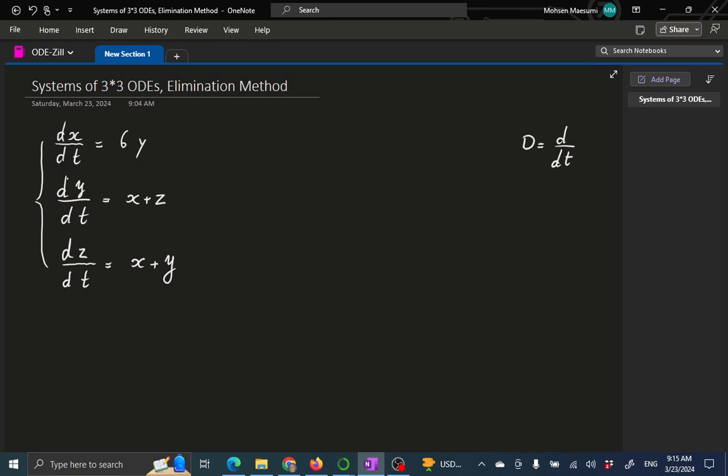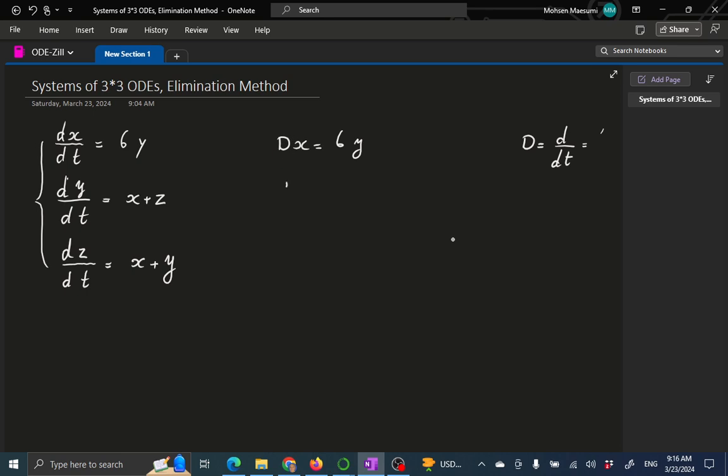So I rewrite this as dx equal to 6y. This is going to help us. It also is going to be more practical than writing prime notation. It is the same as what you would otherwise have used the prime for, but the algebra that we do is going to work a lot better with this d for differentiation.